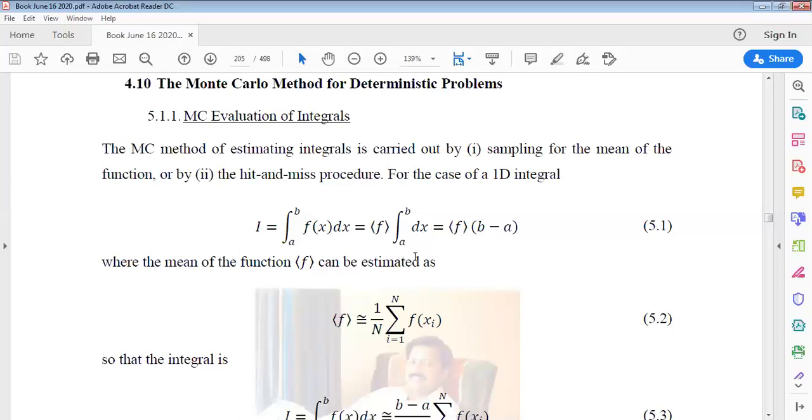Now, how do you get the mean value of f? Well, you can just sample different values of x and get the value of the function at those values of x and sum them up from i equal 1 to n, whether you've got 100 or 1,000 or 10,000 or a million sampling points, divided by n. So this is the arithmetic average.